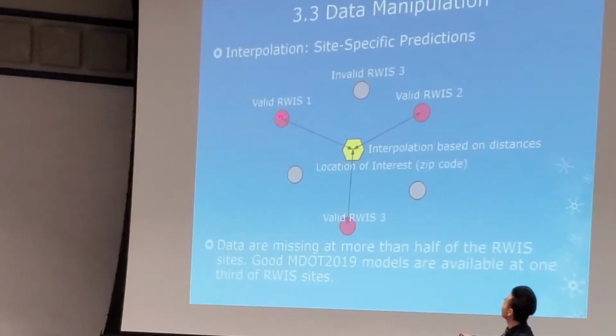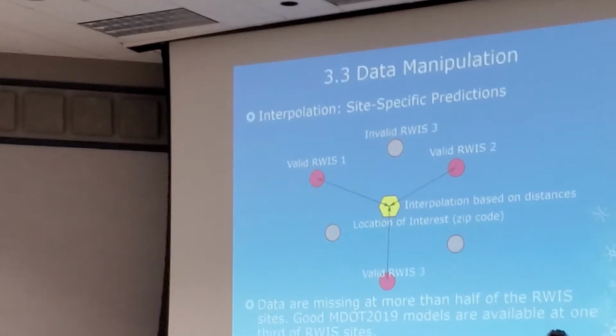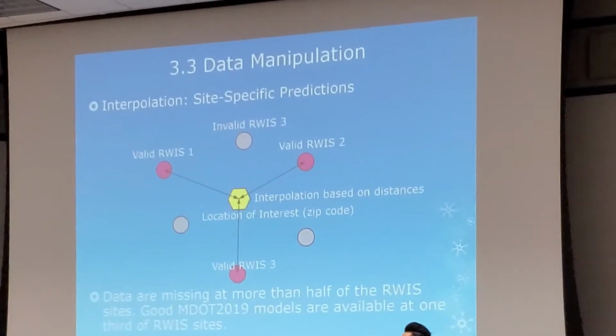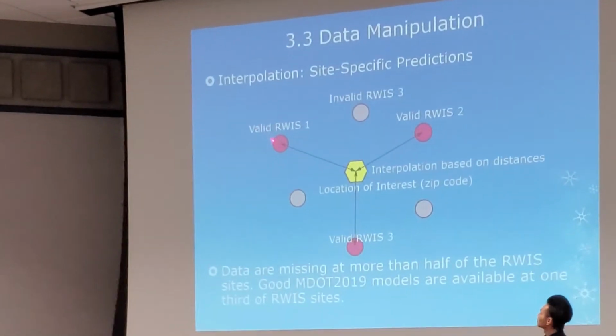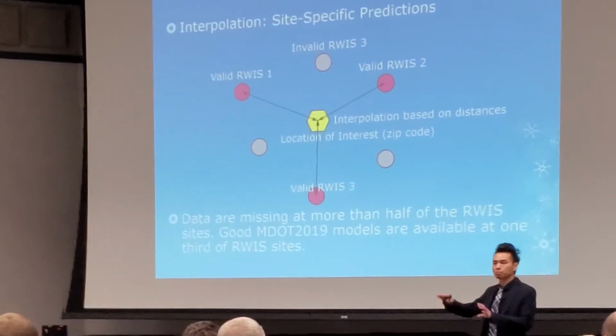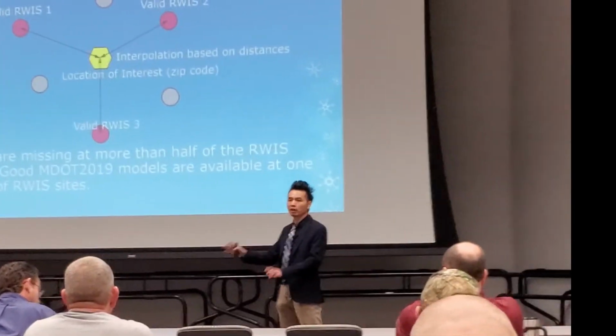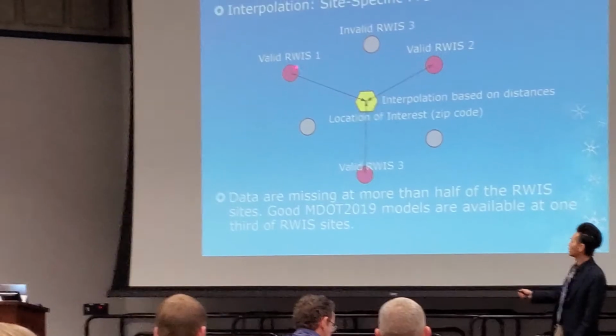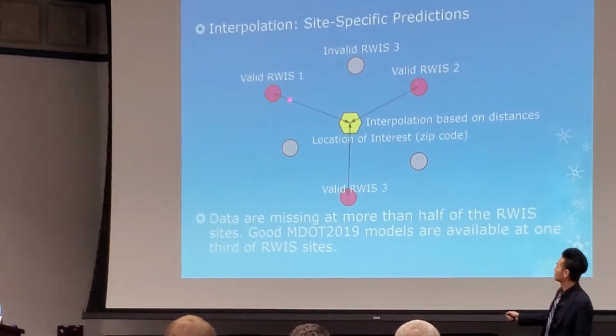And here we call valid and invalid from the perspective of model development for the prediction of FD and TD. For some sites, we found that the data is pretty clean and good for developing the FD and TD prediction models. So we call that a valid site.